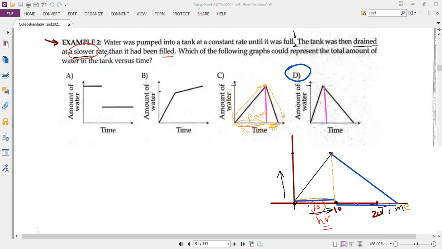This is the opposite of what he gives us here. In this one, to be full takes a short time, a very small length or very small period, and to be empty, when it drains and leaks, takes longer time. So slow means takes long time or longer time. Is it clear?